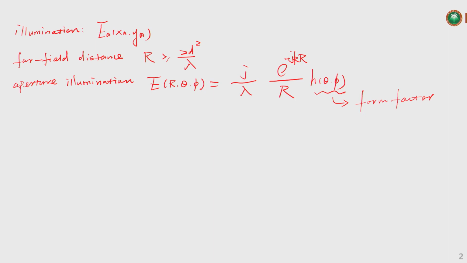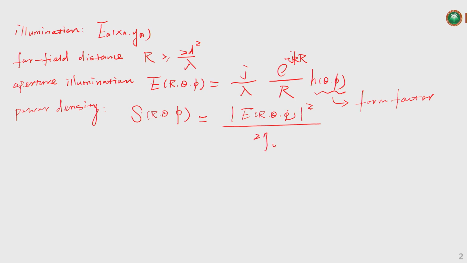So this is the radiated field or the aperture illumination, and if we want to calculate its power density, it should be expressed as the absolute value of E at R theta phi, square of the absolute value, divided by intrinsic impedance, alright?